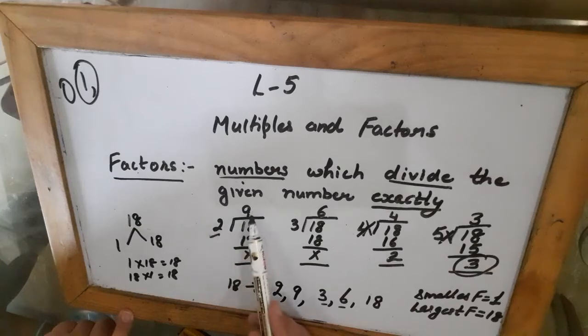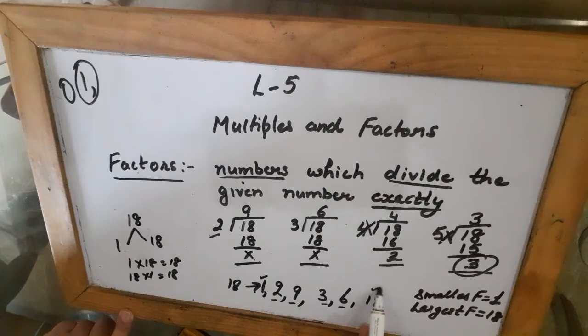So all the numbers which divide the given number exactly are its factors, and also the factors of the number are 1 and the number itself. So in case of 18, 1 and 18 also are the factors of 18.